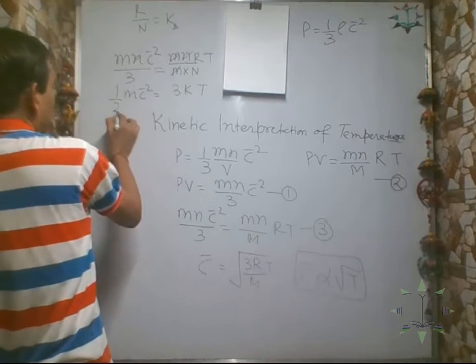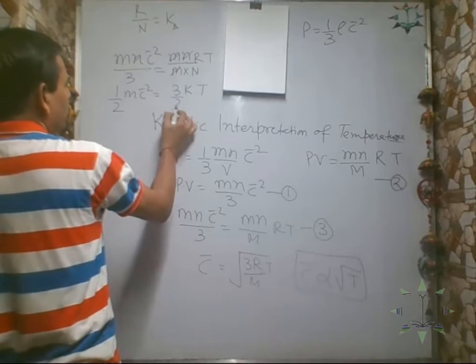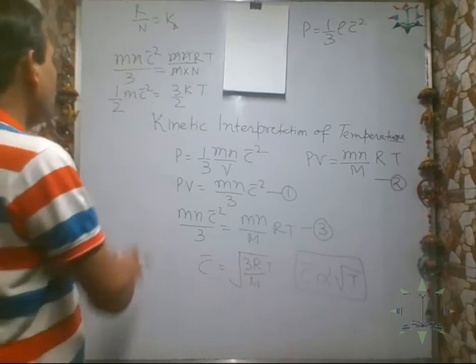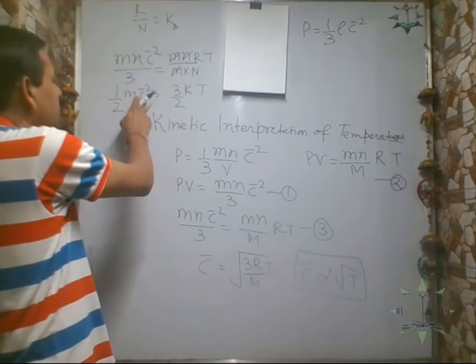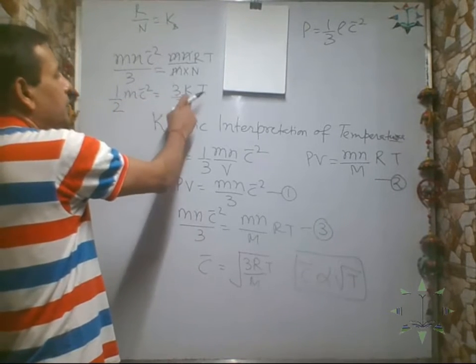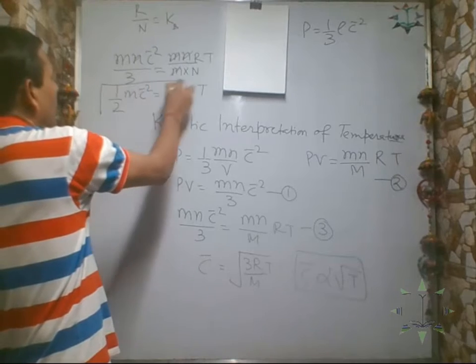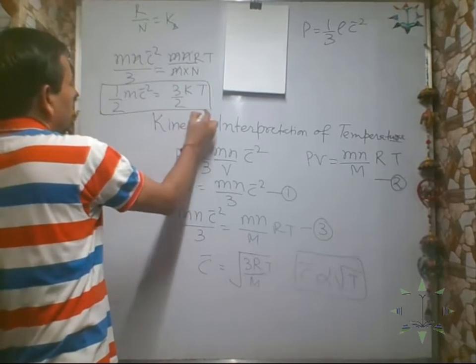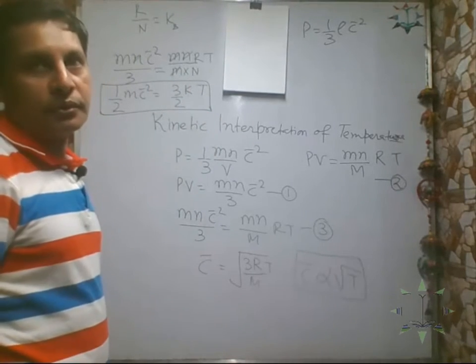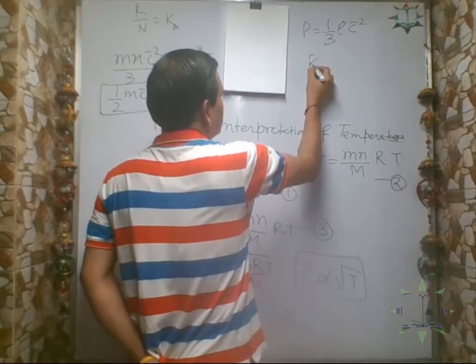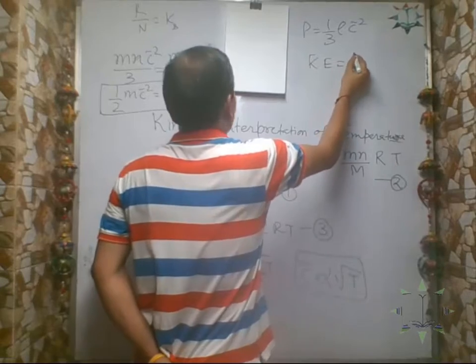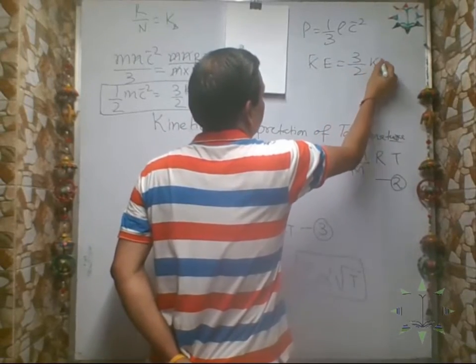If we multiply both sides by 1 by 2, half m, the mass of each molecule of the gas, into c bar square is 3 by 2 kT. This is called the mean kinetic energy of the gas molecule. Mean kinetic energy is equal to 3 by 2 kT.